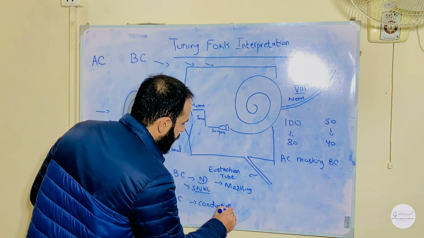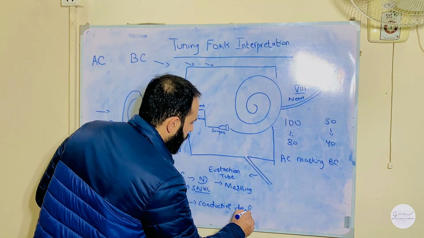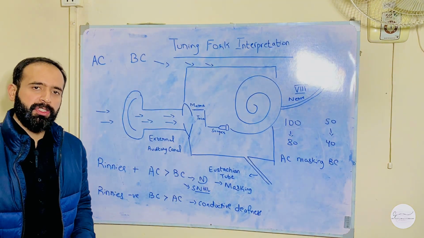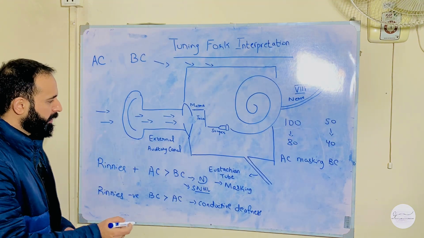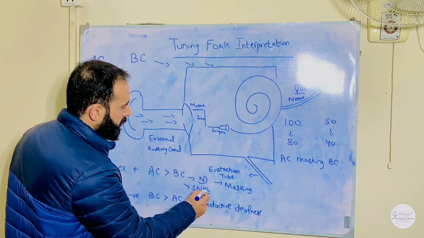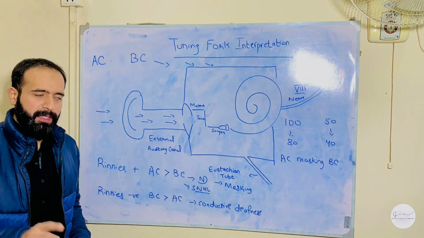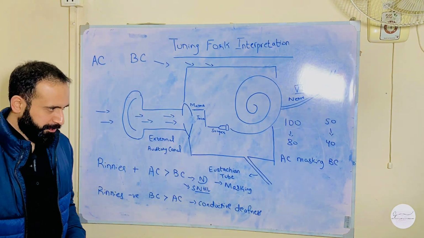Remember, any defect in the air conductive pathway is going to give rise to conductive deafness. So Rinne's has two interpretations. Number one is Rinne's positive, which means that the hearing is either normal or the patient is having sensorineural hearing loss. And the other is Rinne's negative, which means that the patient is having conductive deafness.